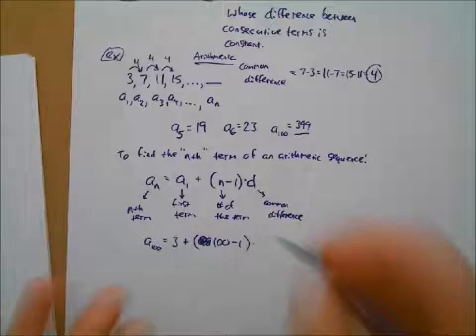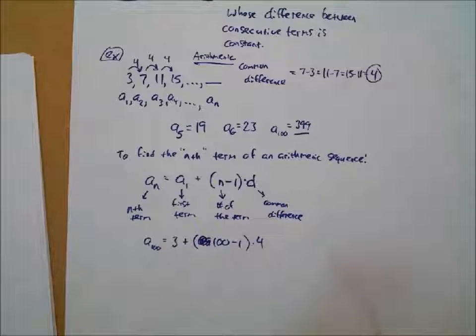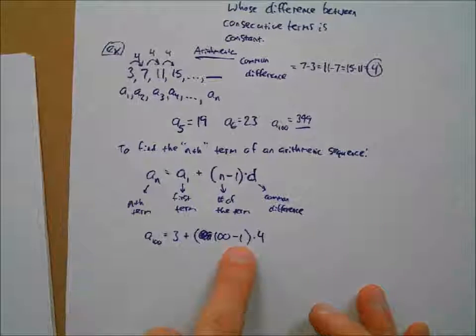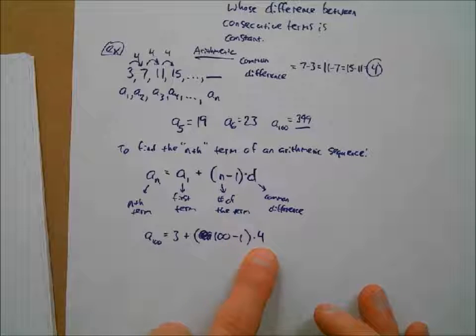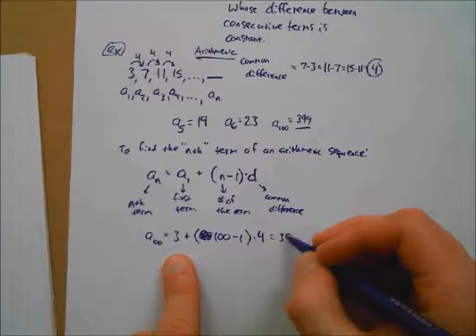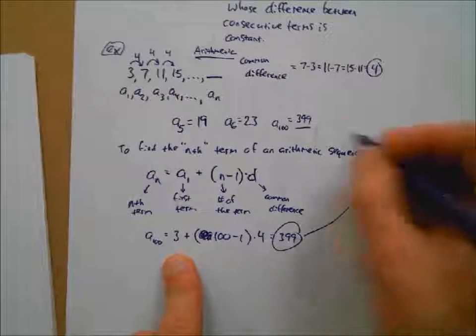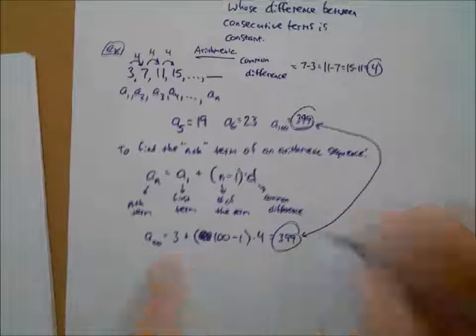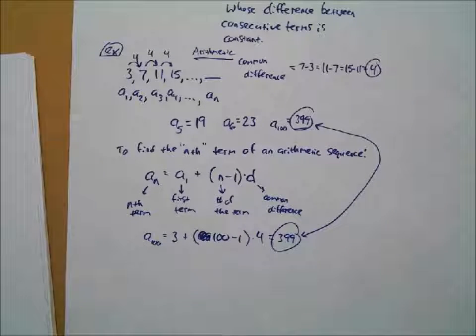And what's the common difference? 4. Okay, so 100 minus 1 is 99, times 4 is going to give us, I'm going to guess, 396, and then plus 3 does in fact give us the 399 that Parker and Julia thought it should be. Okay, good job.